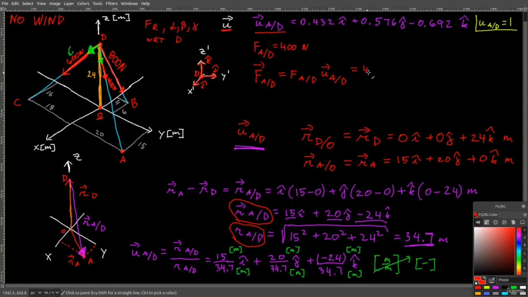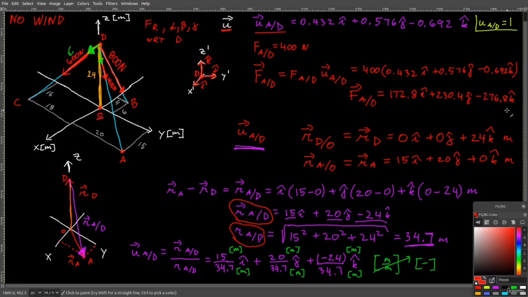So I will have 400 times this unit vector here. And so that means that FA with respect to D equals 172.8i plus 230.4j minus 276.8k. And that's already in newtons.